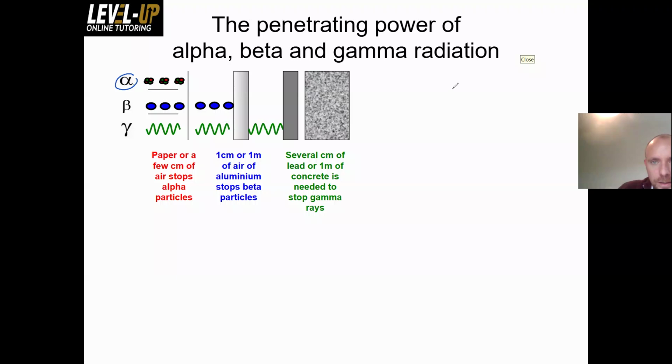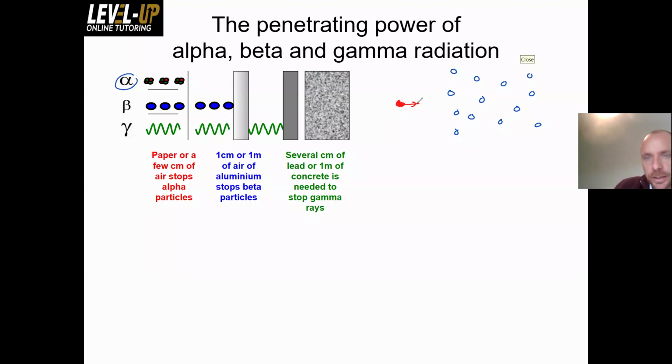If I imagine that there is air here, there's lots of oxygen and nitrogen atoms, and I'm going to draw in an alpha particle approaching. Remember, it's 2 protons and 2 neutrons, but I'm just going to draw it as a red dot.